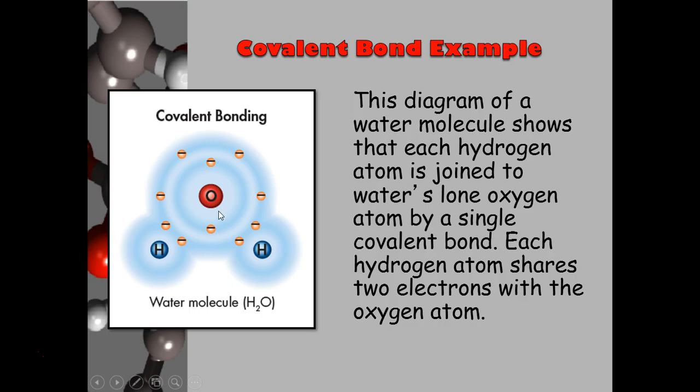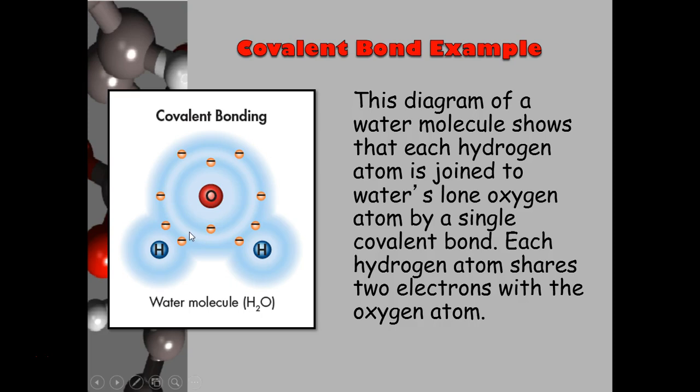Oxygen in and of itself has 6 valence electrons. Remember, the whole goal is to get to 8. Each hydrogen has 1 valence electron, and remember, he's one of those caveats. He's in that very top row, so he only needs 1 more electron to get to be like helium and be stable.